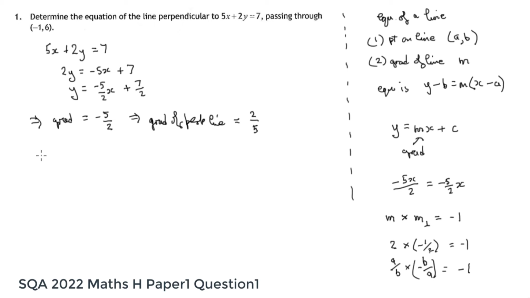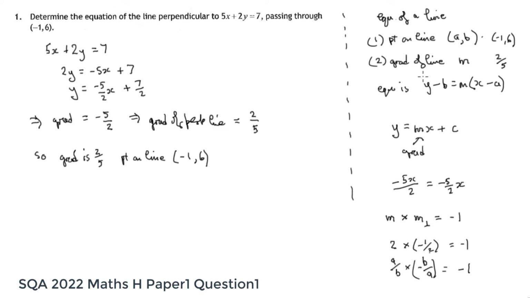So I think we've got the two facts we need. The gradient is 2/5, and the point on the line, well, we were told that in the question, it's -1, 6. So we're looking at this information, your -1, 6, and the gradient 2/5.